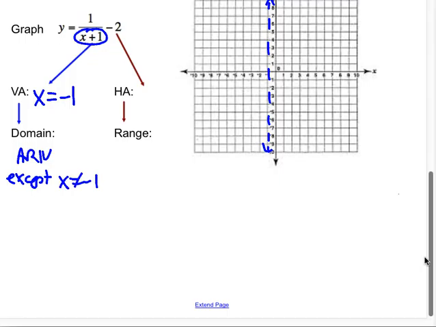So this is where now it starts getting a little bit more interesting. So that's why the first thing we're going to do this time is create those asymptotes. Now what about the horizontal asymptote? Well, here, that -2 is moving it down 2.